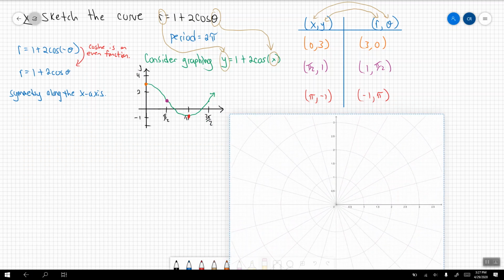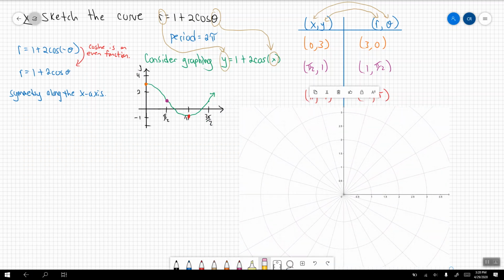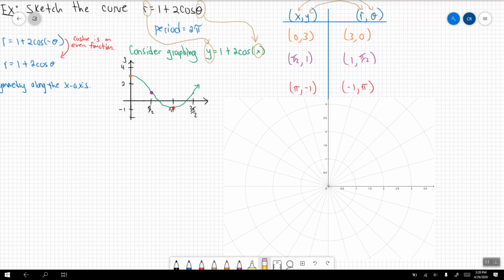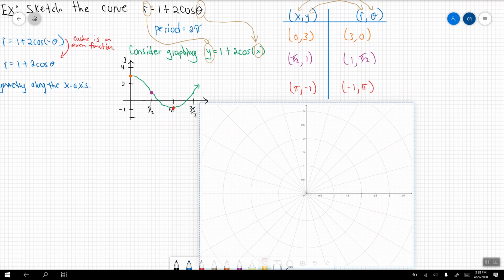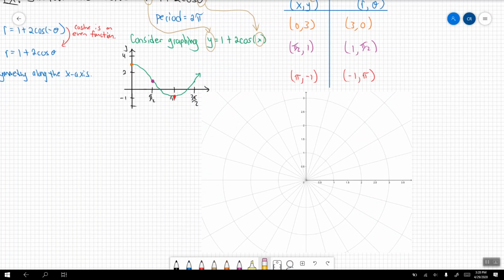I'm going to put my graph right over here, that way we can see it. Actually, I'm going to off-center it a little bit. There we go. Okay.